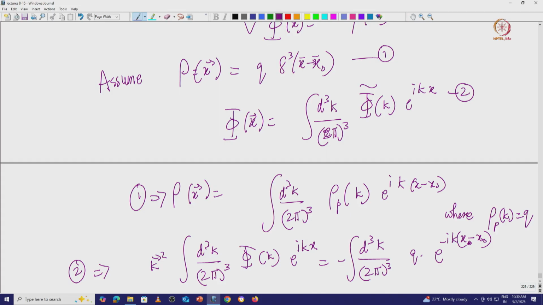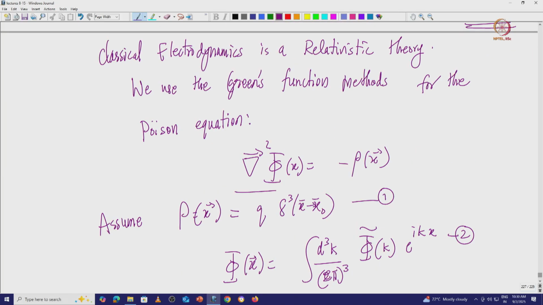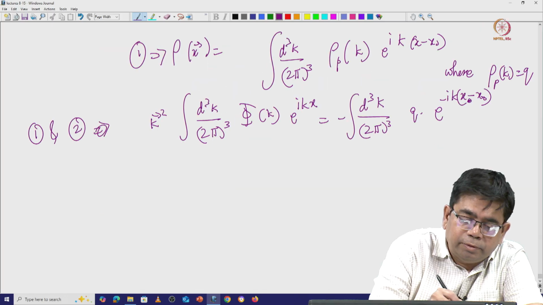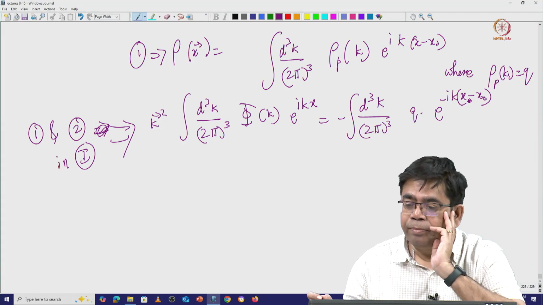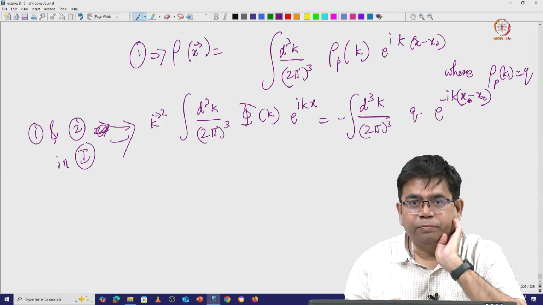Now you see that I put back 1 and 2, both these expressions, into the Poisson equation. Putting back 1 and 2 in 1 implies this. Now from this I can get what is phi of k.